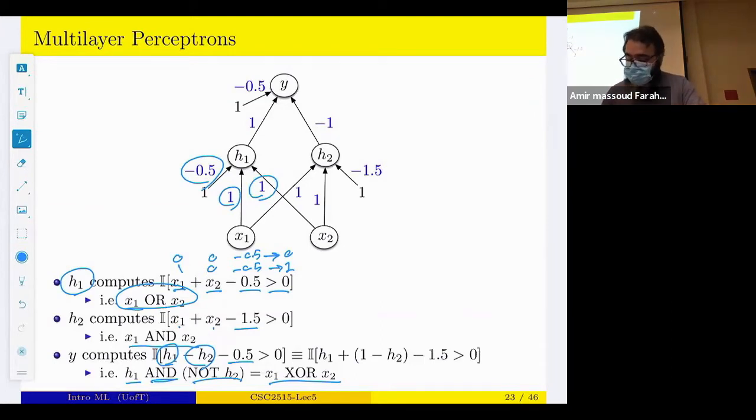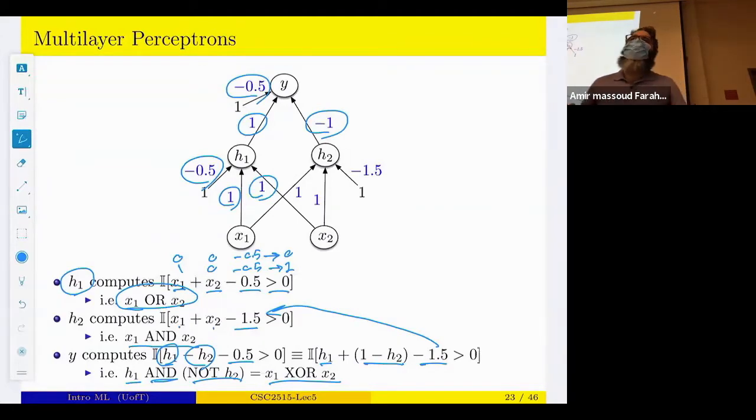This can also be written as H1 plus (1 minus H2), which is clearly a kind of NOT, minus 1.5, which is used for the AND here. So again we find the weights. After we have the outputs of H1 and H2, we can find the weights that compute XOR.